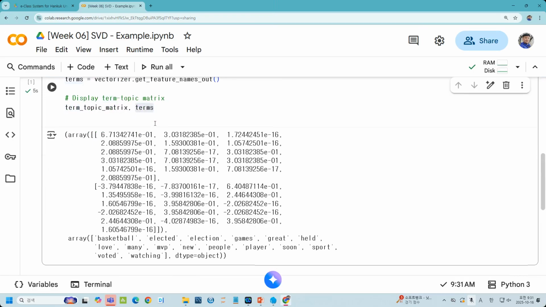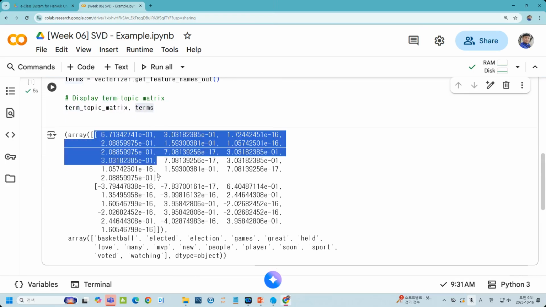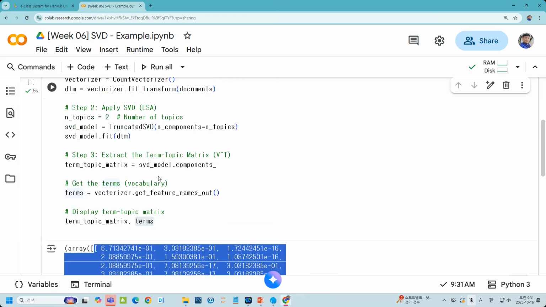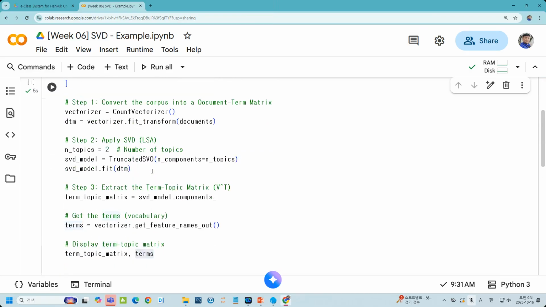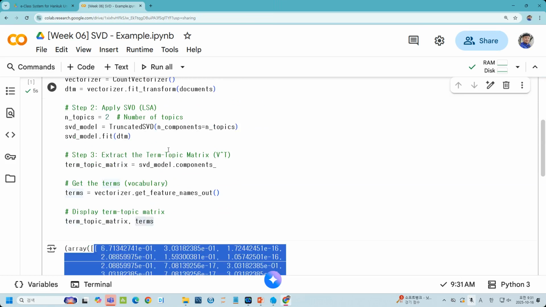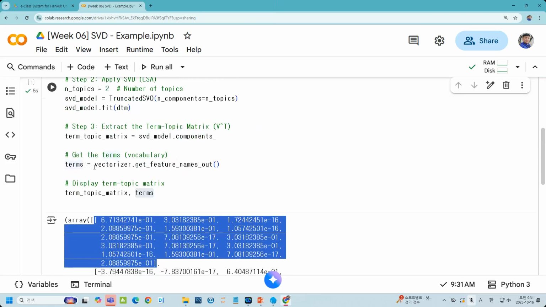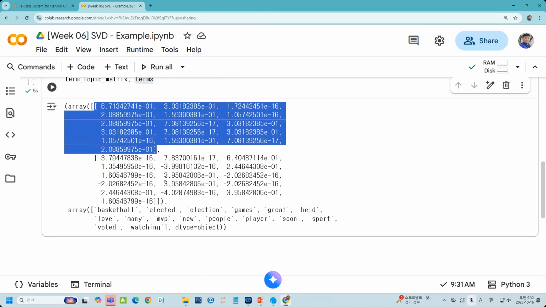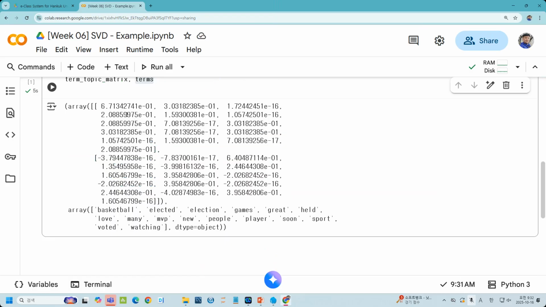So this is the SVD result. When we have the U, we have the V, and we have the Z. After this, we will check the importance of each of these.